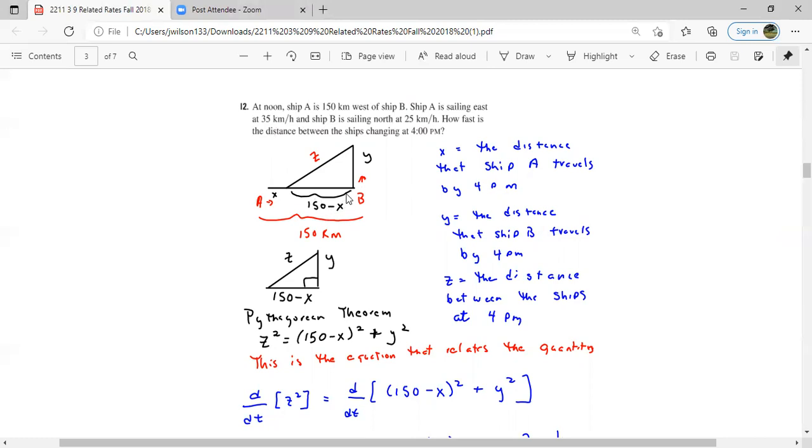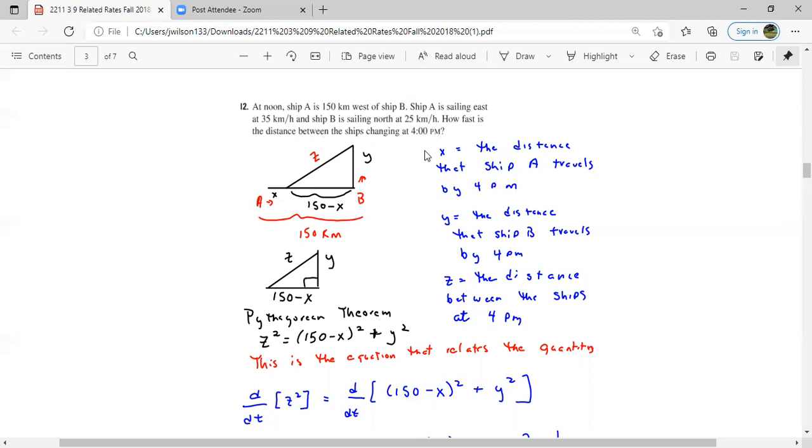It's not 150 anymore because A has moved. And everything's moving. That's the thing. Everything's changing. y is the distance that ship B travels by 4 p.m. And z is the distance between the ships at 4 p.m. So we want to know the rate of change of this distance between the ships at 4 p.m.